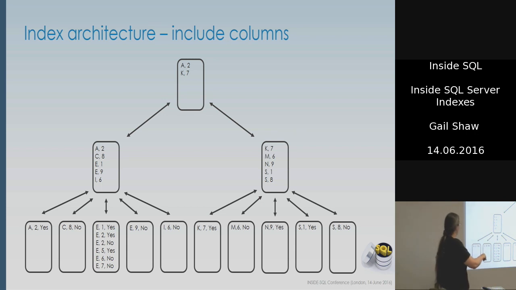Include columns are present only at the leaf level of the index. So our two key columns are still present in all the pages above, but our include column or our non-key columns in our clustered index, doesn't make any difference, are only present at the leaf level of the index. That's the main difference between an include column and a key column.